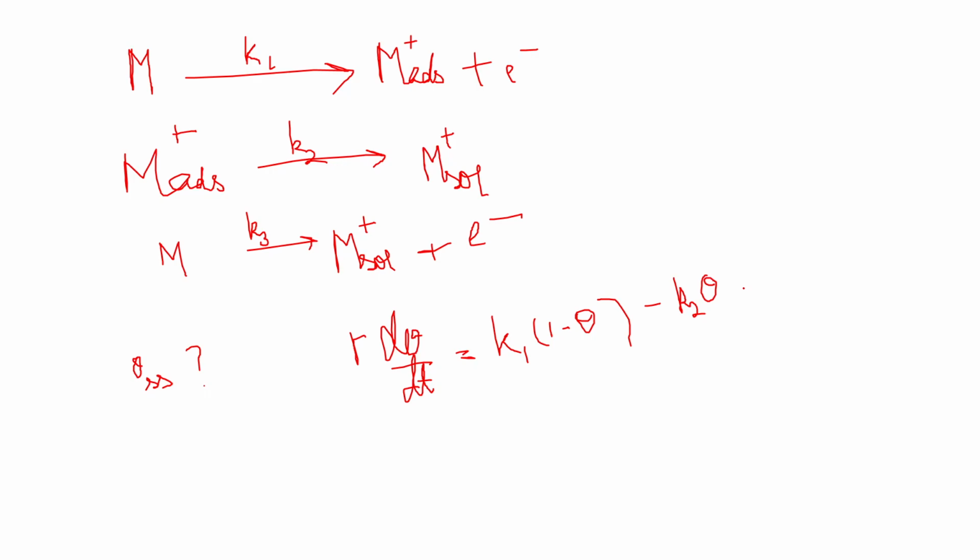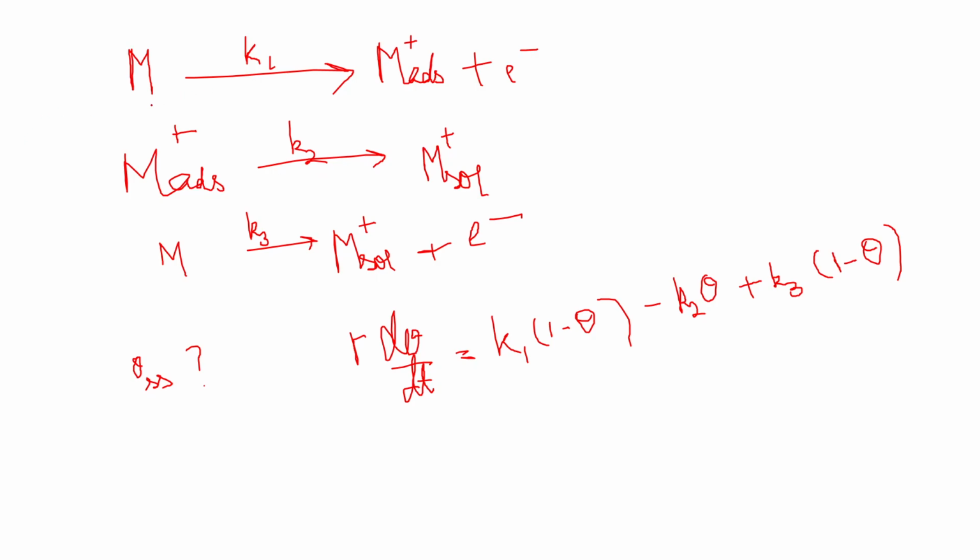Electrochemistry is clear. For site balance, you have to consider all the reactions. There is nothing like the electron transfer or not. Site balance is basically considering what are the sites available. Clear. Okay, site balance is considering only the sites involved.